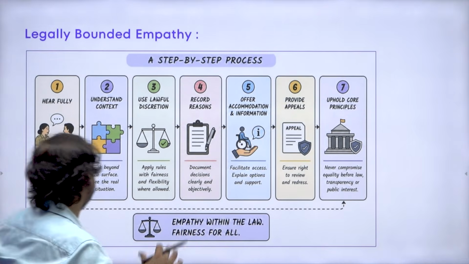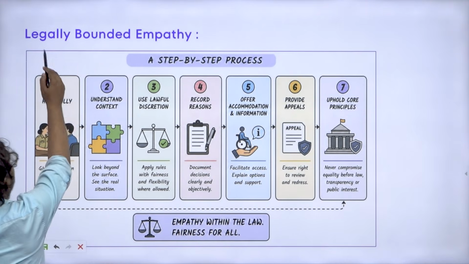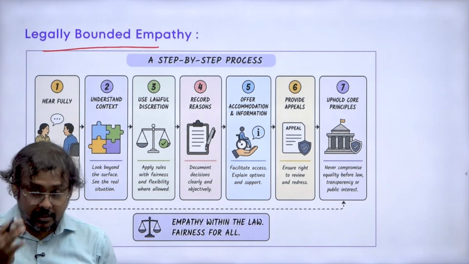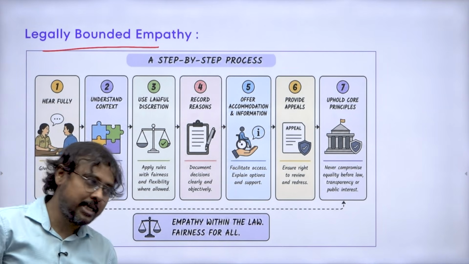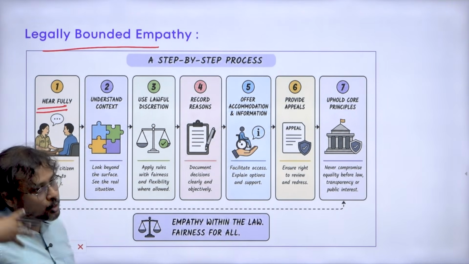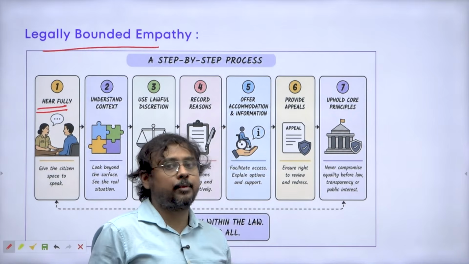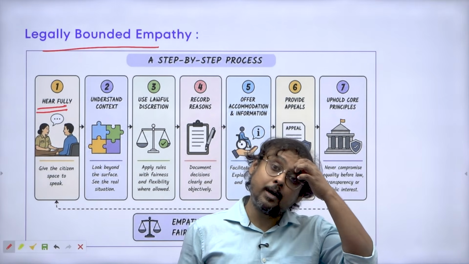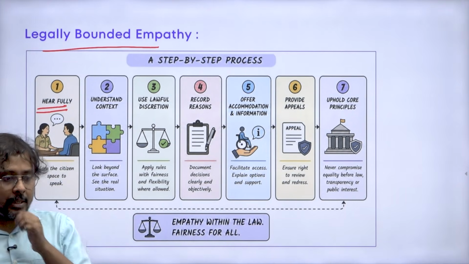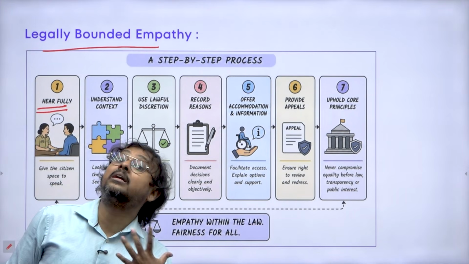Now let's understand the step-by-step process to ensure legally bounded empathy. The very first step, and this is again a very rare commodity nowadays, is what? You hear fully, right? Allow the citizen to speak, to communicate her problems, her grievance, or his grievance. So the very first step is to ask that particular person to communicate what the grievances are.